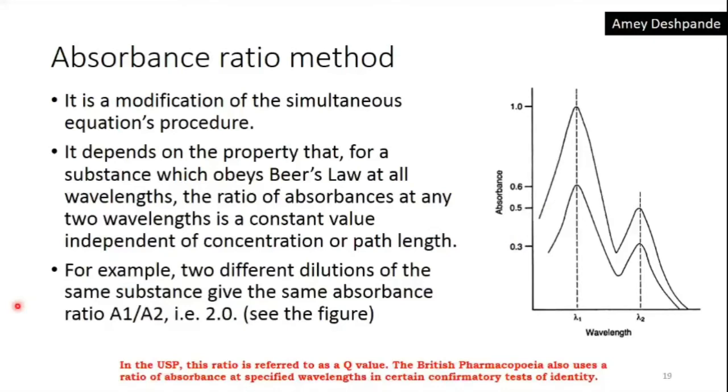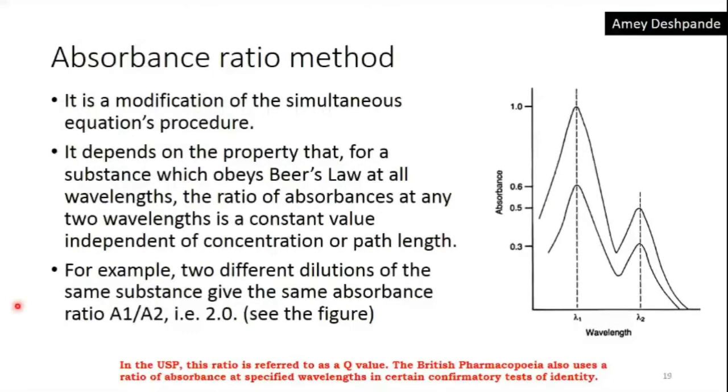Now, in USP, this particular ratio is referred to as Q value. British Pharmacopoeia also uses a ratio of absorbance at specified wavelengths in certain confirmatory tests or identity. They have not given any name to this ratio, but they also use it.